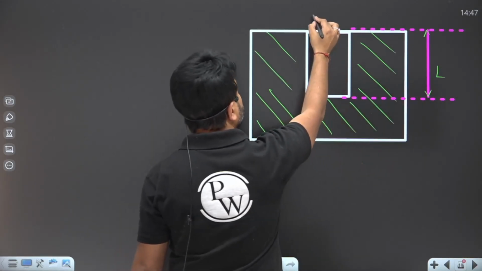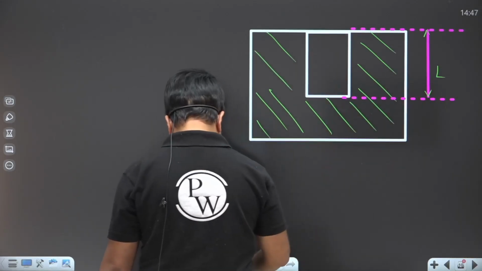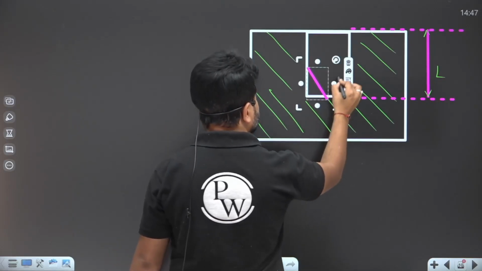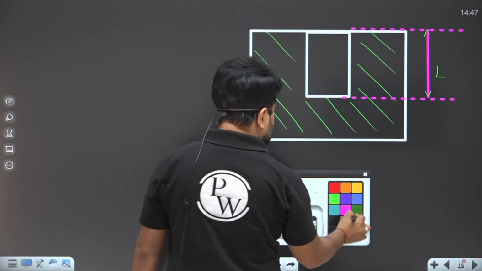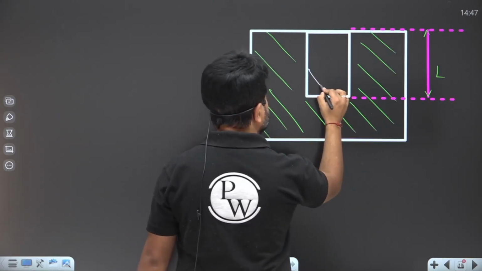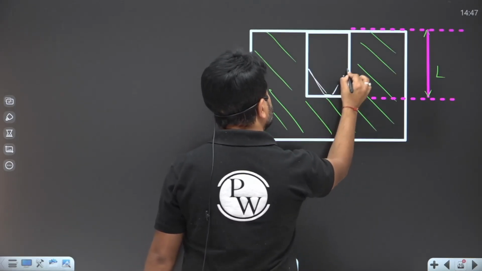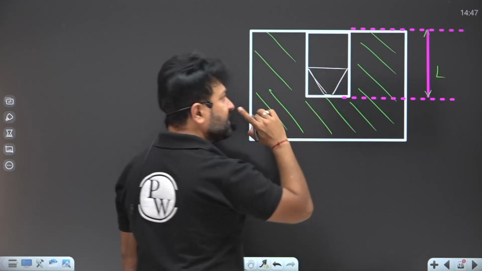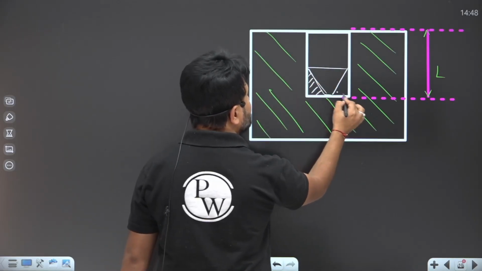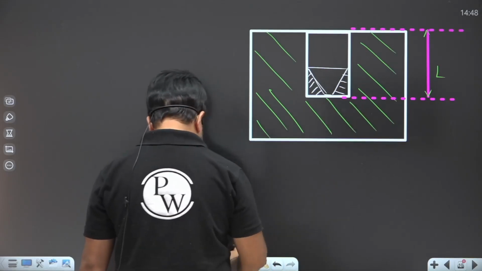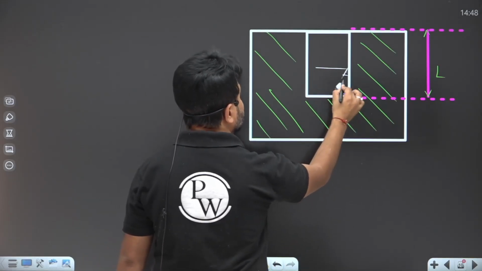Now if the drill tool is going to travel, suppose the drill reaches here. Is the drilling completed? No, because that much material is still there. So drilling is not completed.